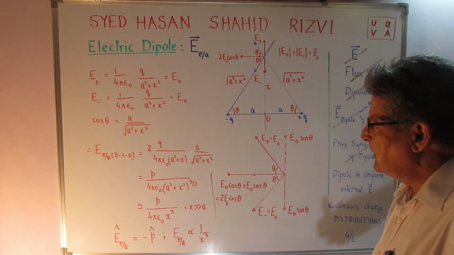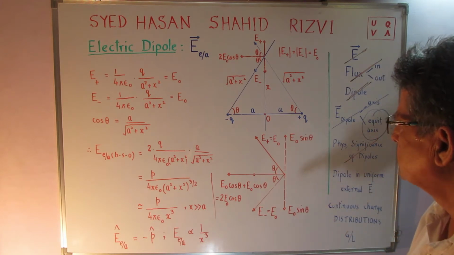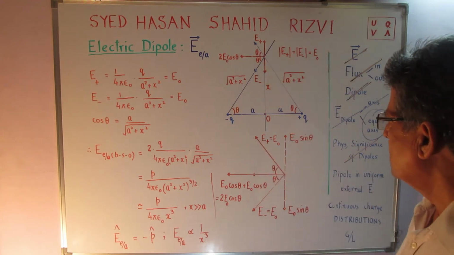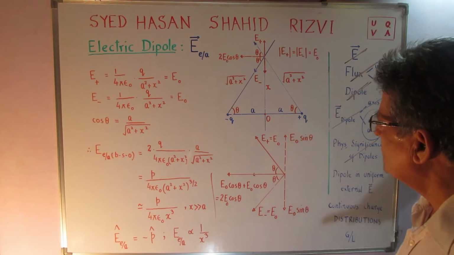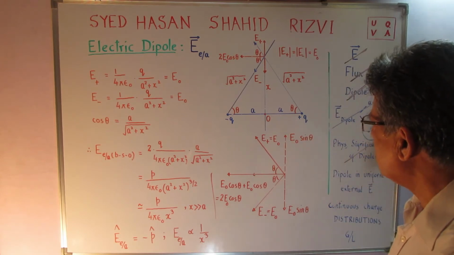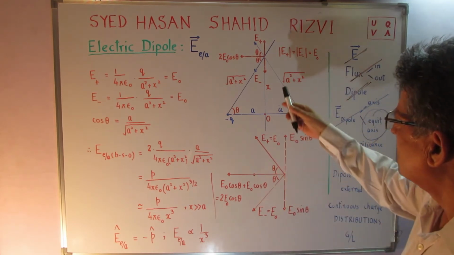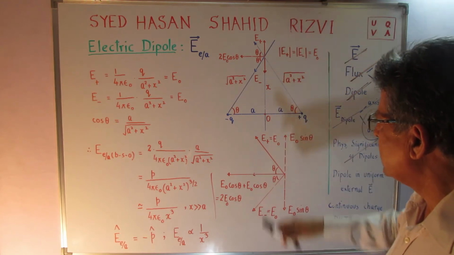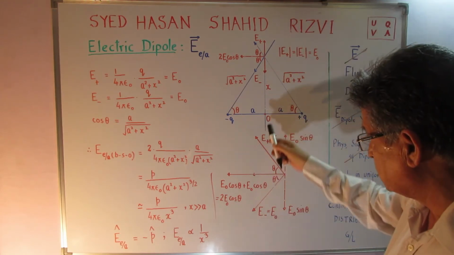So I make a rough sketch of the dipole, minus q, plus q, okay, and I take a point at a distance x away from the center.